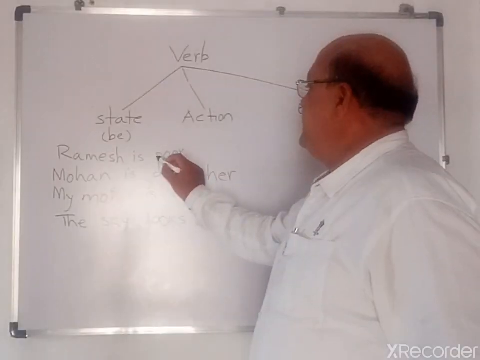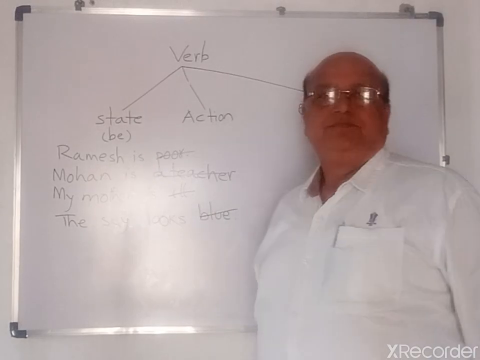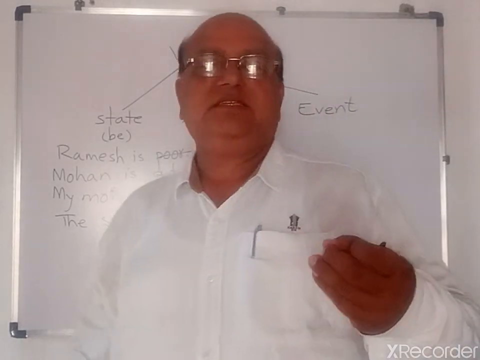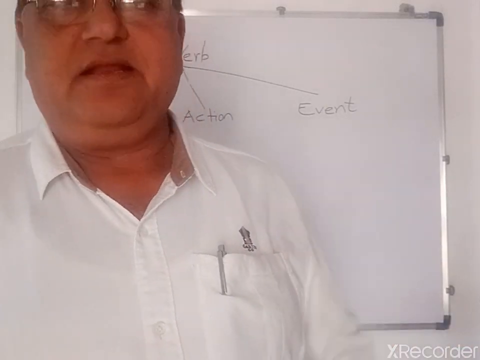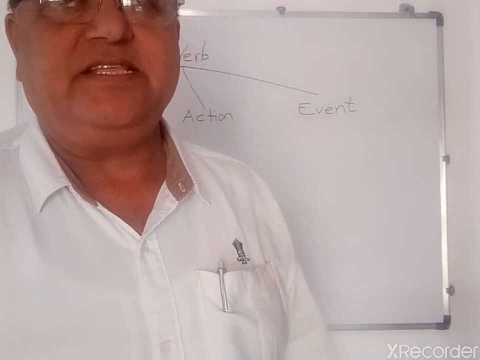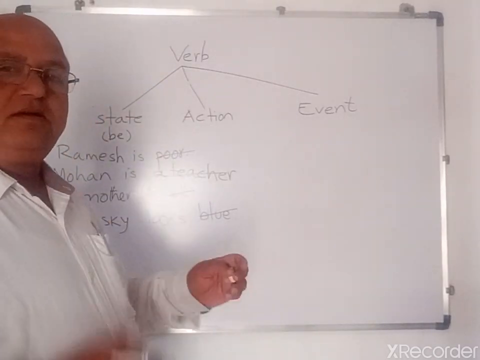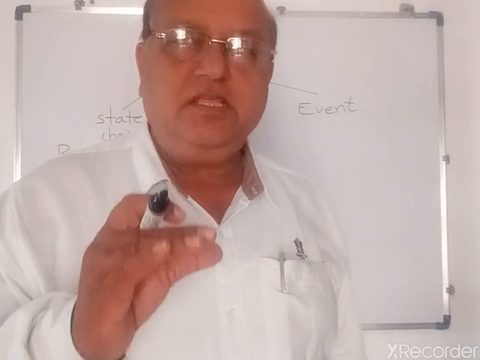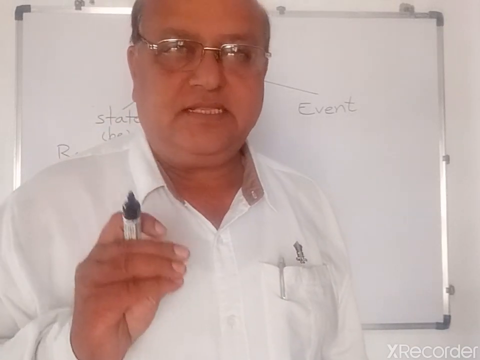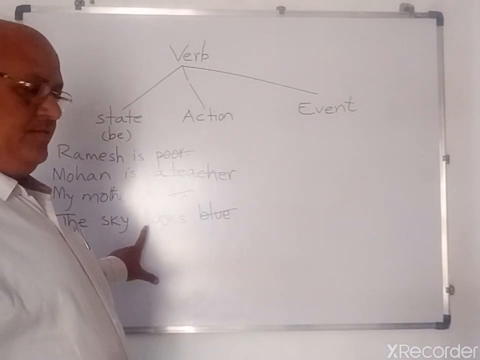If we delete this thing, the sentence is not at all a sentence. It is ungrammatical, not complete in sense. And they are the complement to complete the sentence. All the SVC patterns of sentences come under this category, state verb.